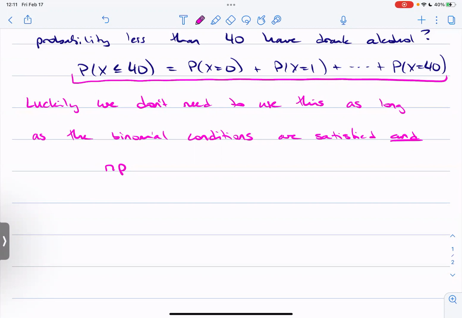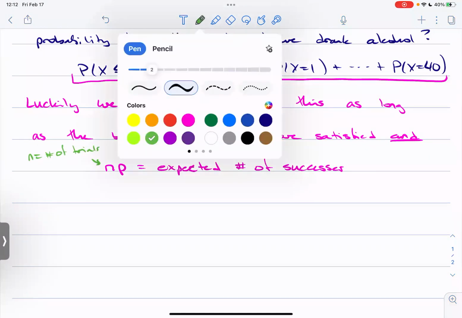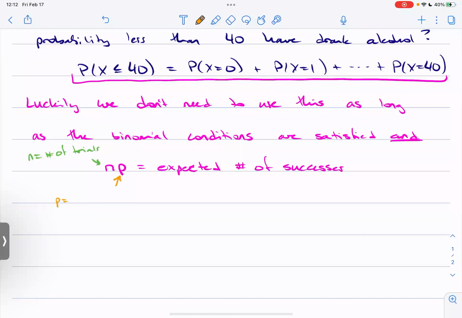In 100 trials, if the probability of success is 0.6, then n times p would be 60. In words, that's the expected number of successes. n times p is the expected number of successes. And just to re-emphasize, n is the number of trials and p is the probability of success.